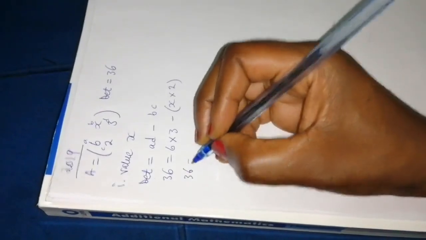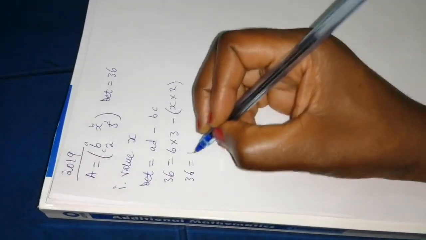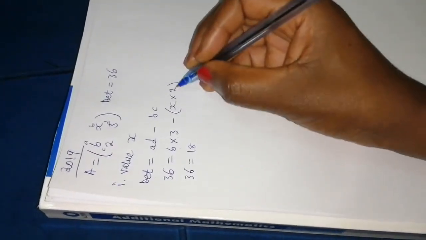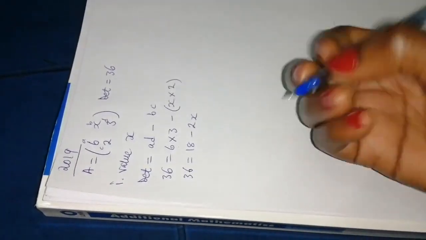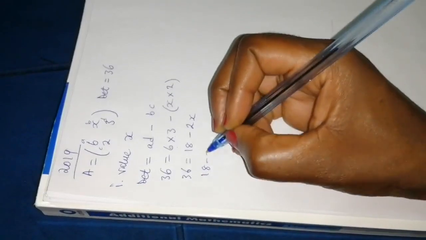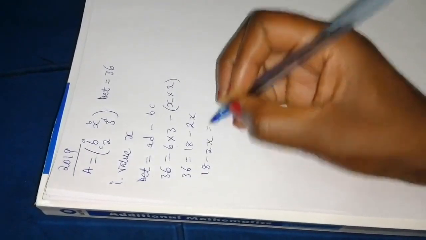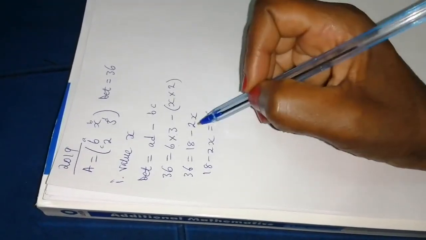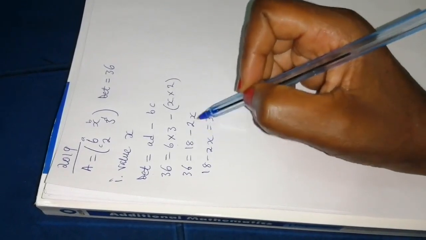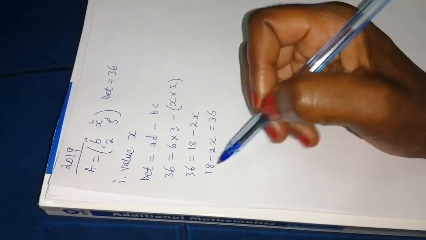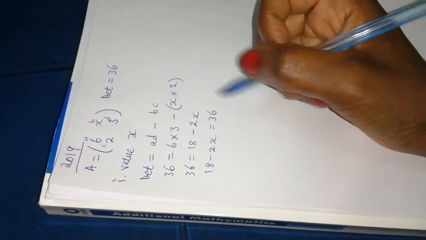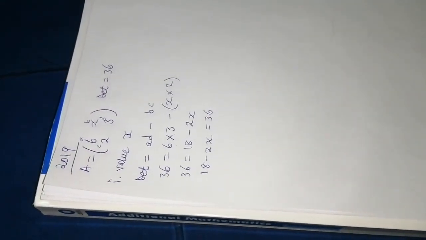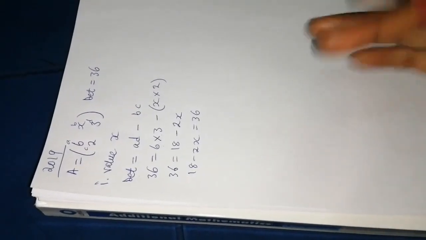Now 36 equals 6 times 3 is 18, x times 2 is 2x, so we have minus 2x. 18 minus 2x equals 36. I've simply swapped everything on the right side to the left side, and what we had on the left side to the right side. Signs are not affected if you move the terms in that manner.